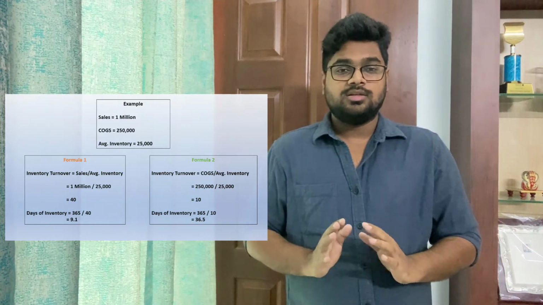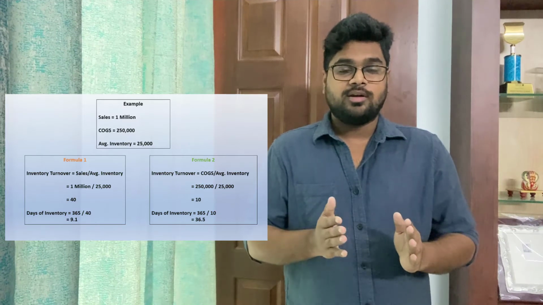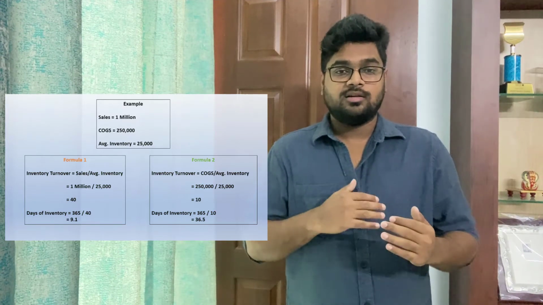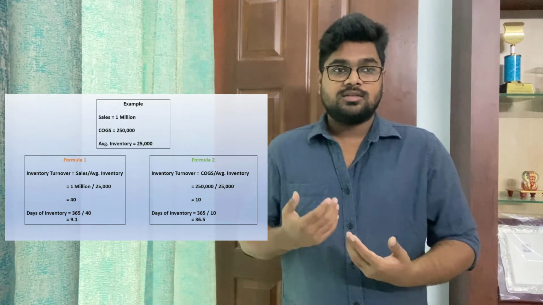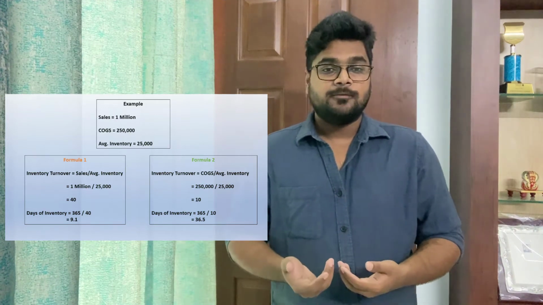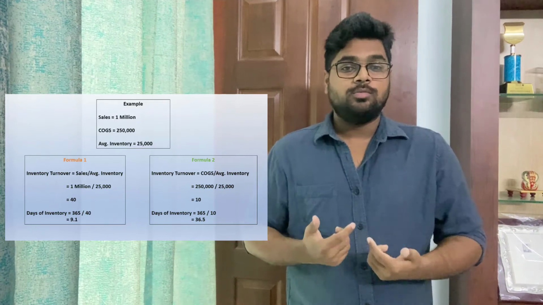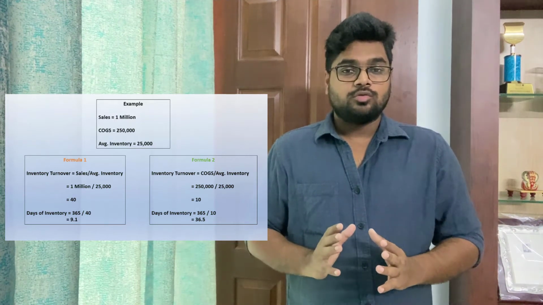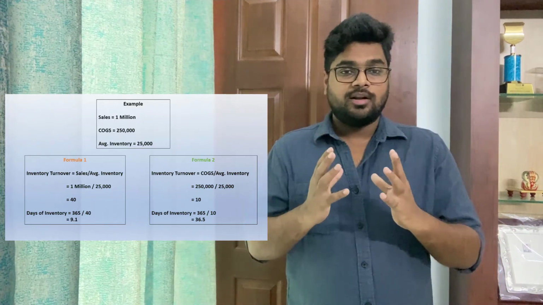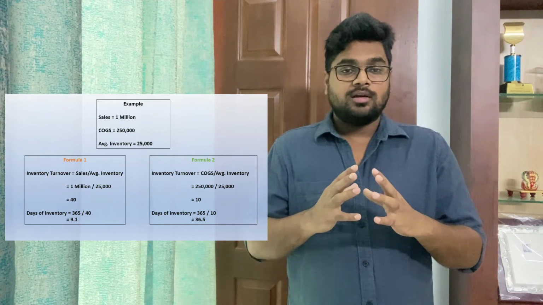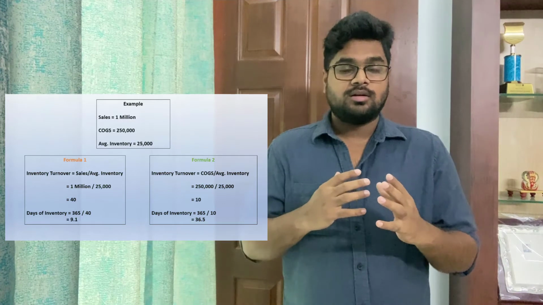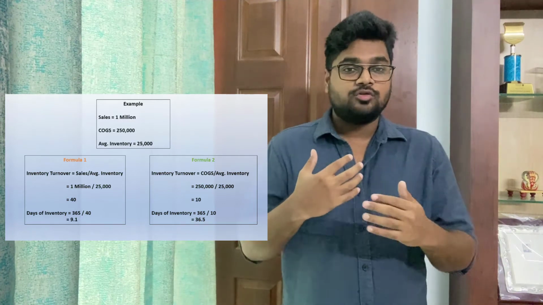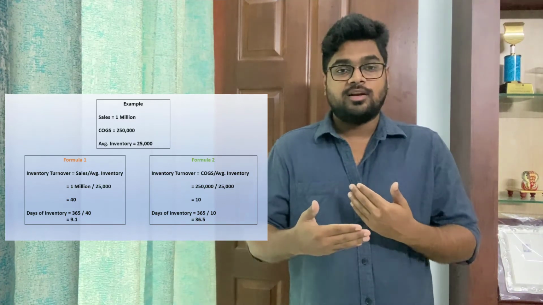So if you take just the other formula, that's COGS divided by average inventory, and then divide 365 by that, it takes around 36 to 37 days for one cycle of inventory to be sold by the company, right? So for a particular average inventory amount that you calculated, the company is taking around 37 days. That means the company has a lead time of 37 days to reorder and replenish their inventory.